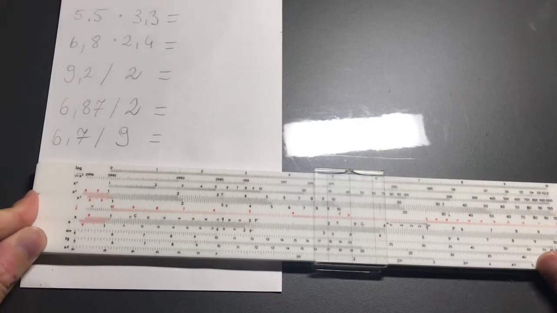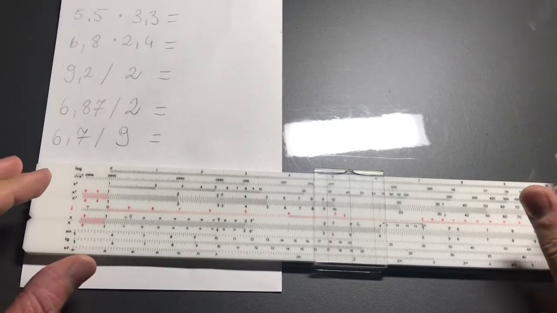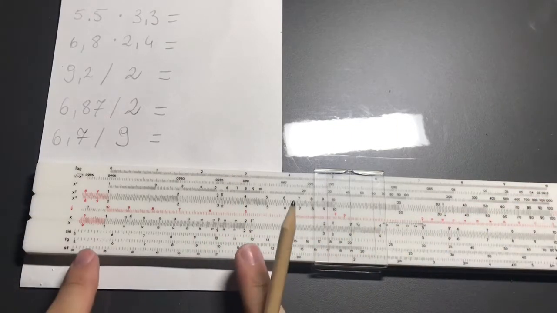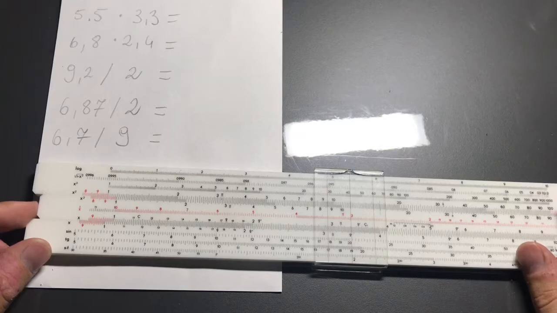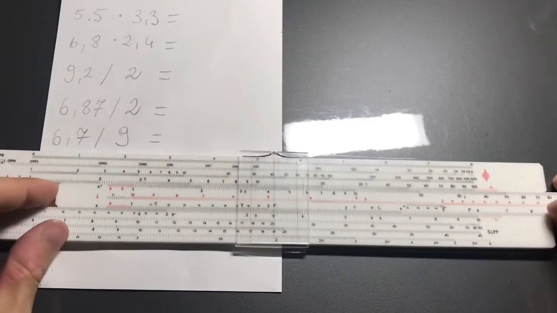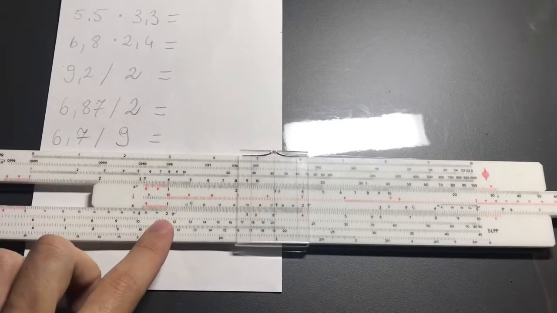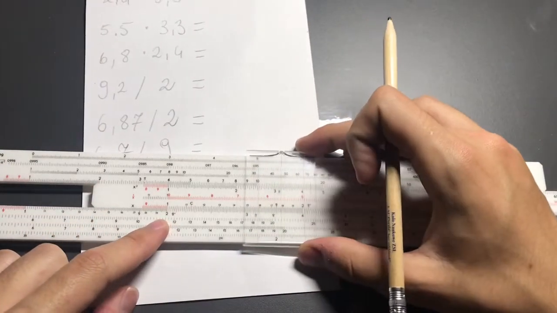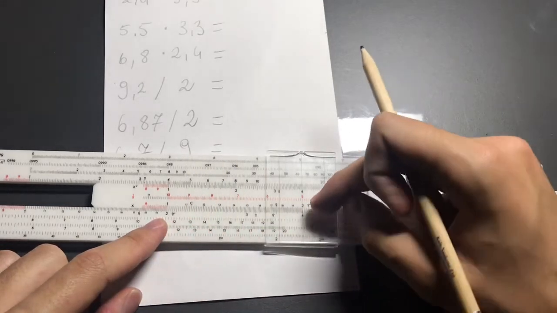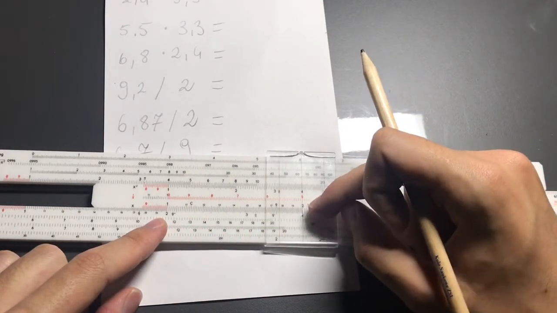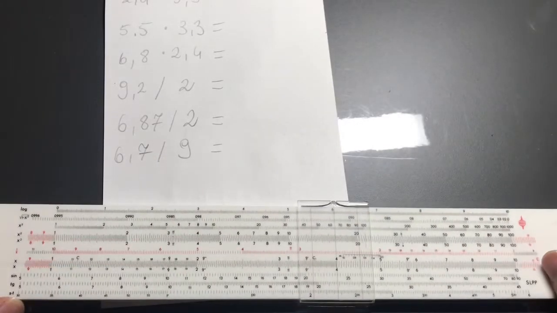So right now, if you want to multiply numbers, we need to add 2 lengths together. Assume that we want to multiply 2 by 4. So we slide the beginning of the scale closely to 2, and then we read it off the scale. We wanted to multiply 2 by 2, so we read on the top scale 2, and under this we have 4. And this is how to do multiplication.